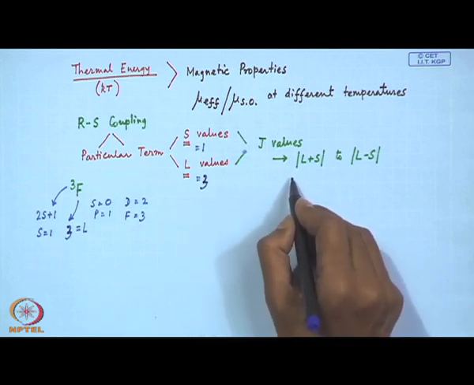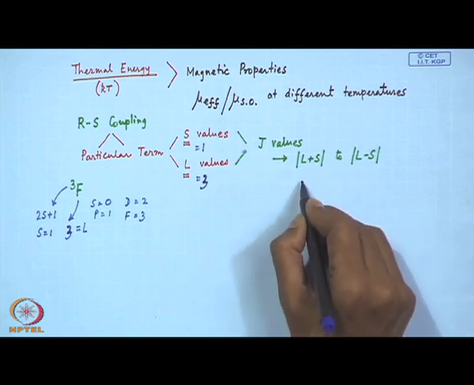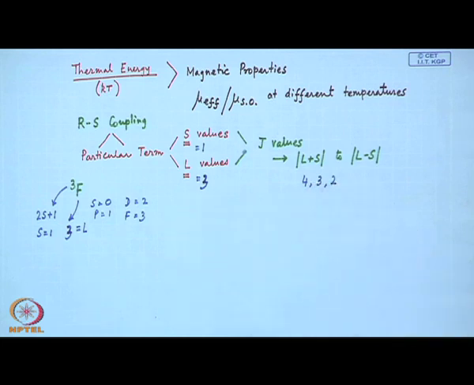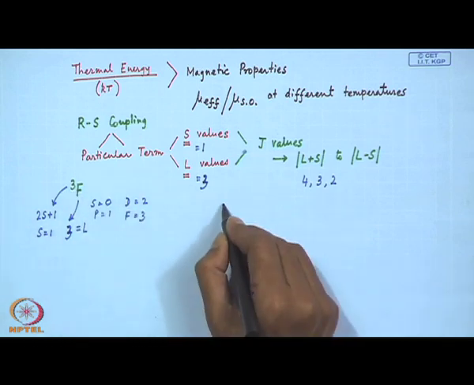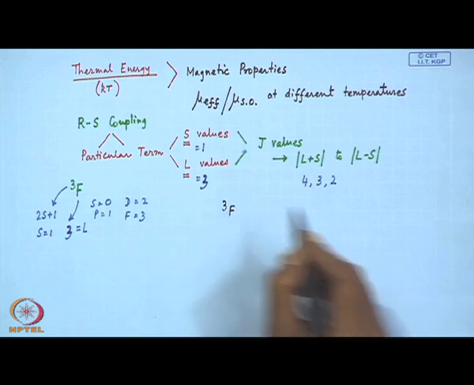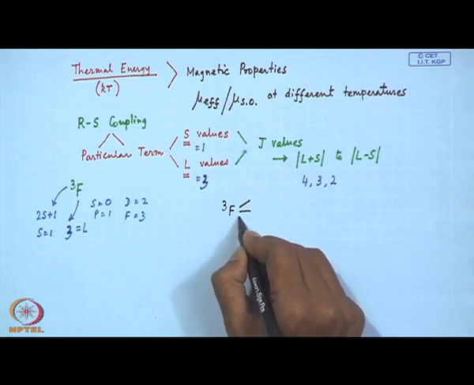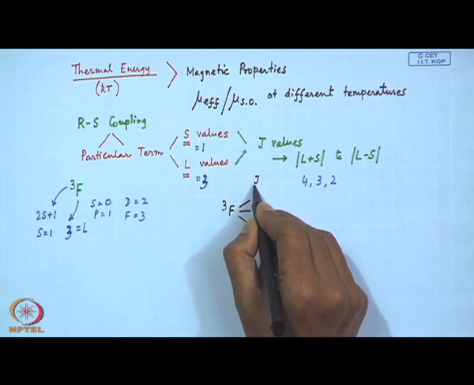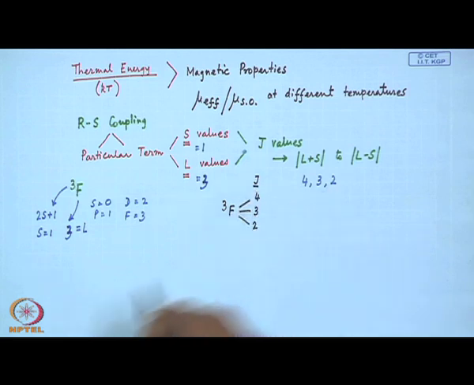We can have the total value from L plus S to L minus S, that means 4, 3, 2. So, these are the corresponding J values. For this 3F ground state term, we have 3 levels with J values 4, 3 and 2.